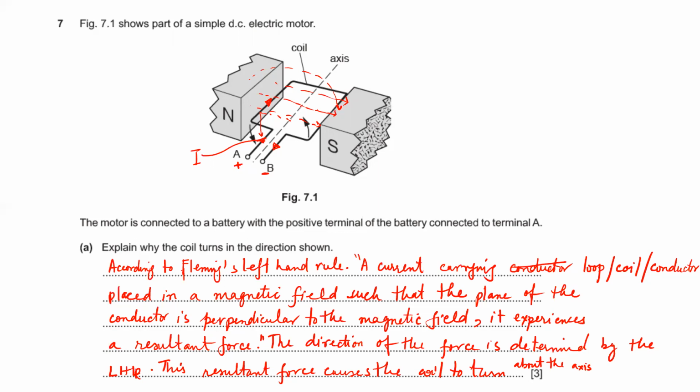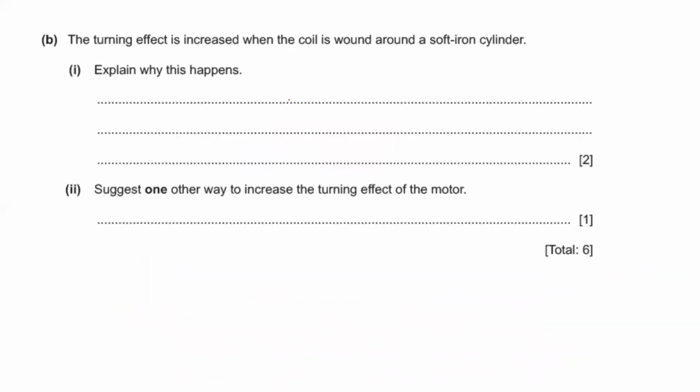Eventually, when the resultant force acts on it, since there is more cutting of magnetic field lines, the force will be higher, and it starts rotating with more speed. So explain why this happened.